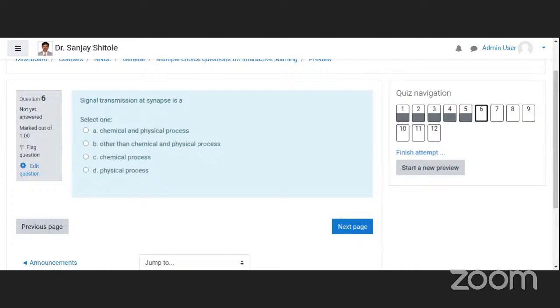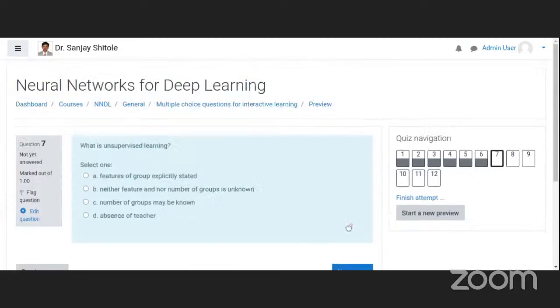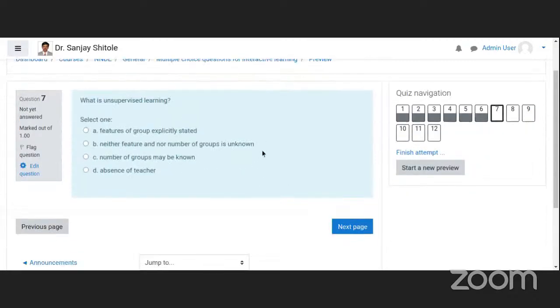Signal transmission at a synapse is a chemical process. Let's say next page. Read it. Task number 7, which is correct?